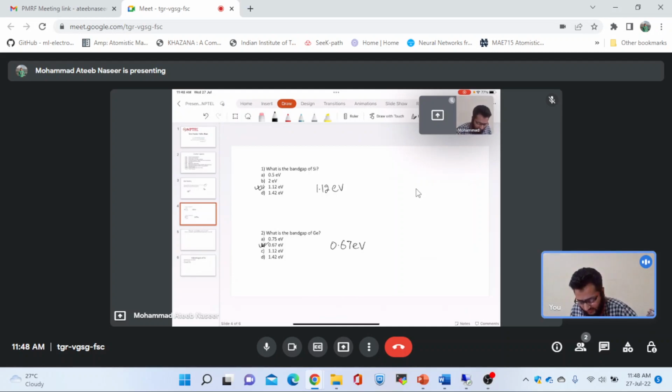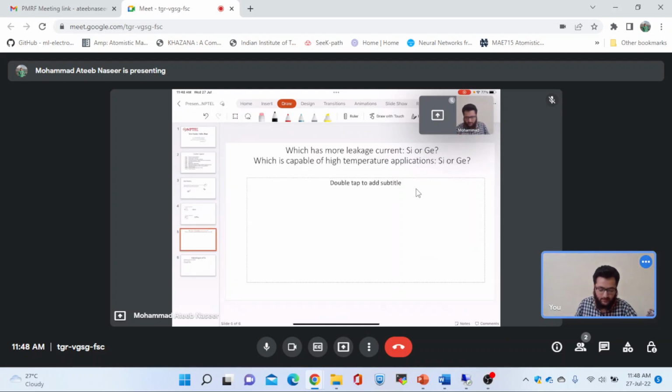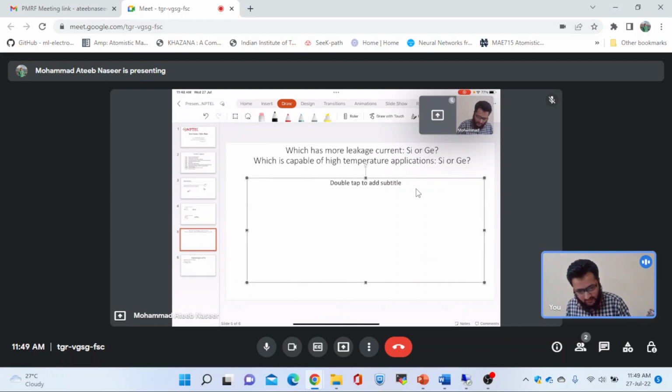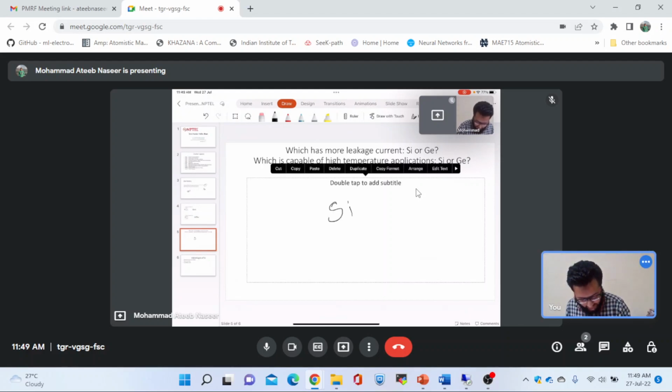Let me ask you another question: which has more leakage current, silicon or germanium? Or the other way around, which is capable of handling higher temperature so that we can use it for high temperature applications? The answer is simple, and it is silicon.